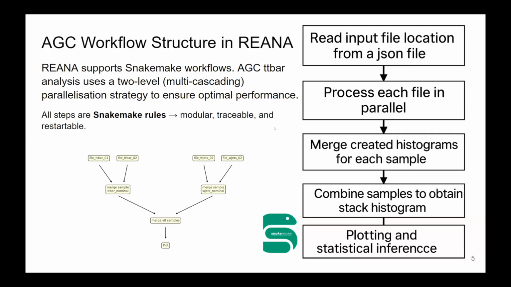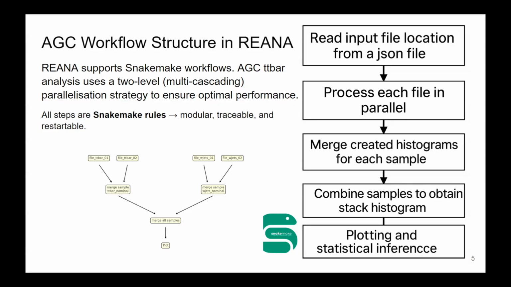Let's talk about the pipeline outline in REANA. REANA reads output file locations from a JSON list. It processes each file in parallel, and Snakemake creates the jobs. Each job runs in a container and produces clear outputs. We then create histograms for each sample, collecting outputs into per-sample histograms in a reproducible way.